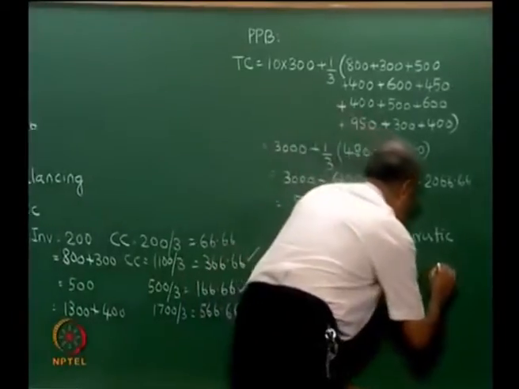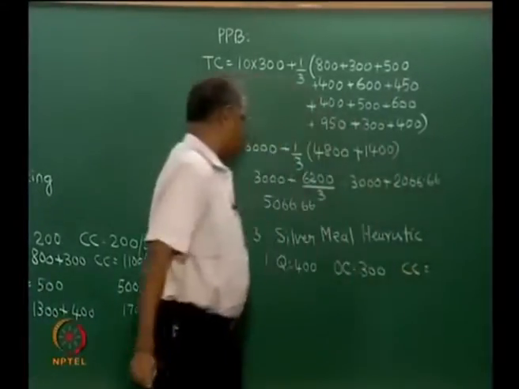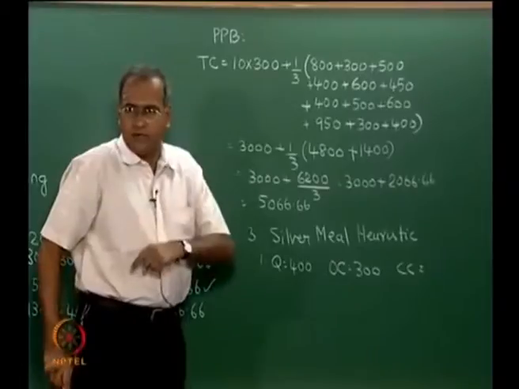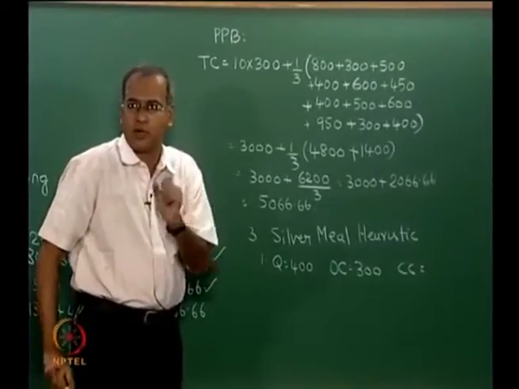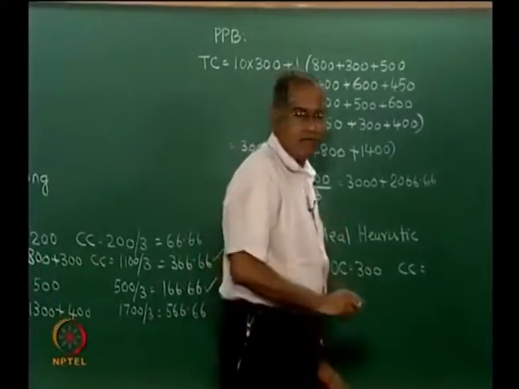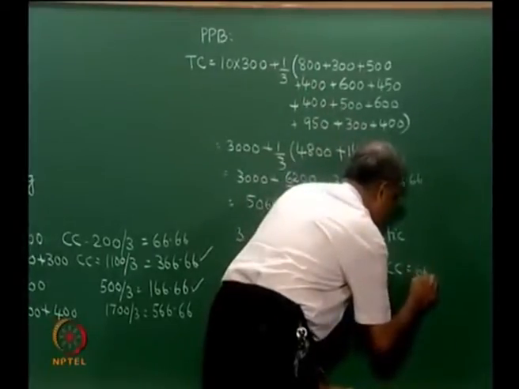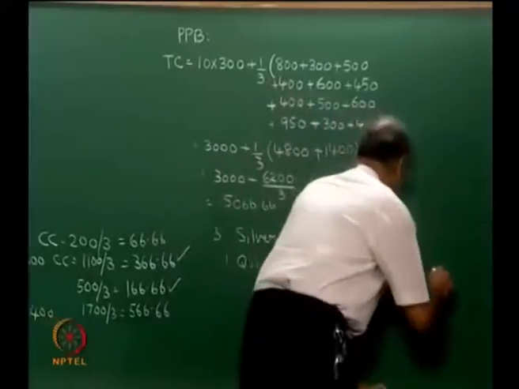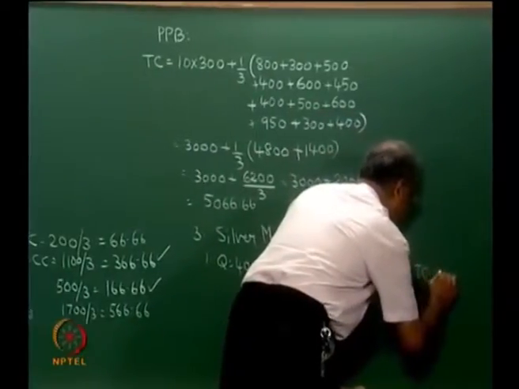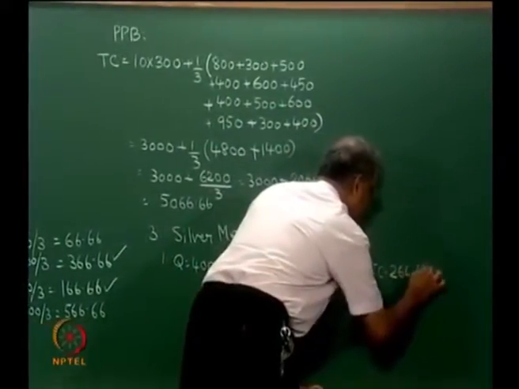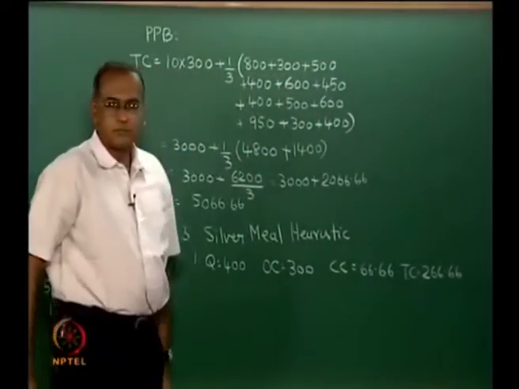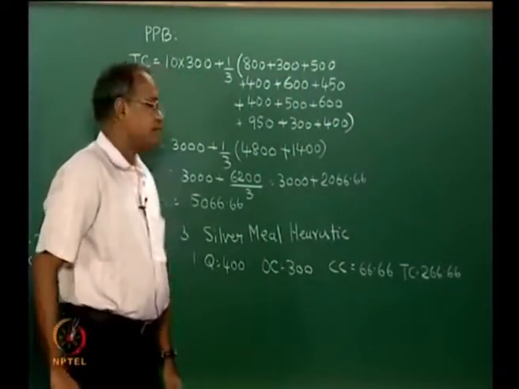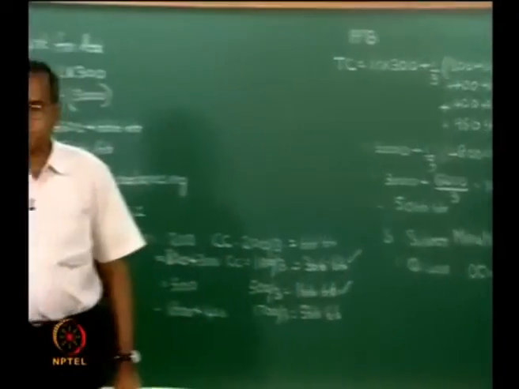There is a carrying cost: we begin with 400, we end with 0, so average inventory is 200. So, 200 divided by 3, which is 66.66. So, total cost is 366.66, and we keep it there.